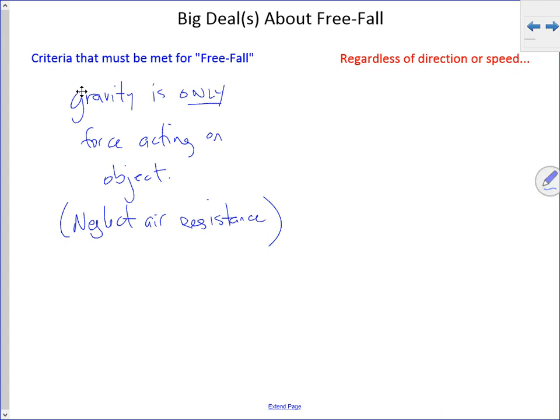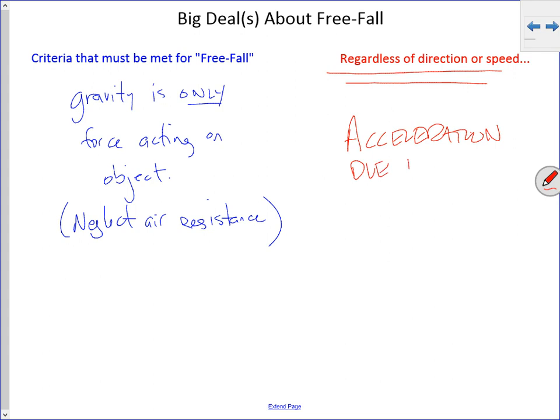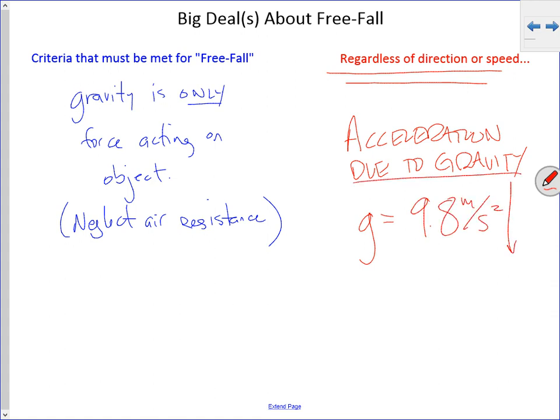All right, but here's a super duper important thing. Regardless of what direction an object's moving, or how fast it's moving, or where in what we call its trajectory it is, if it's thrown up, thrown down, just plain old falling from the top, if it's doing any of this stuff, acceleration due to gravity, that we call g, is 9.8 meters per second squared downward.